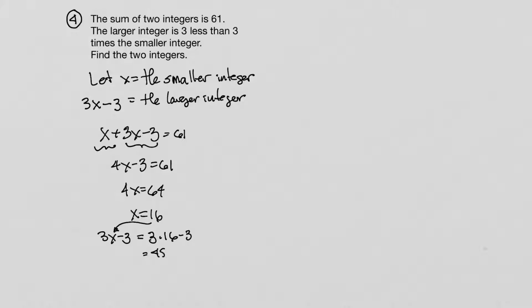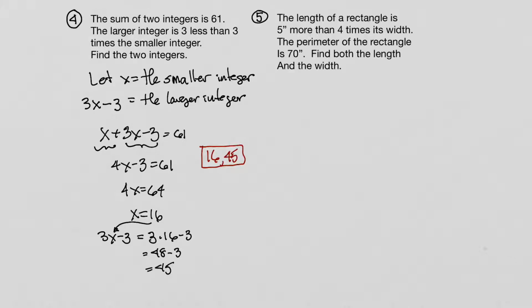So we're going to get 48 minus 3 is 45. So we're going to conclude now that these two integers are 16 and 45. And if you add them together, what do we get? 16 and 45, sure enough, is 61. So I think we've got it.